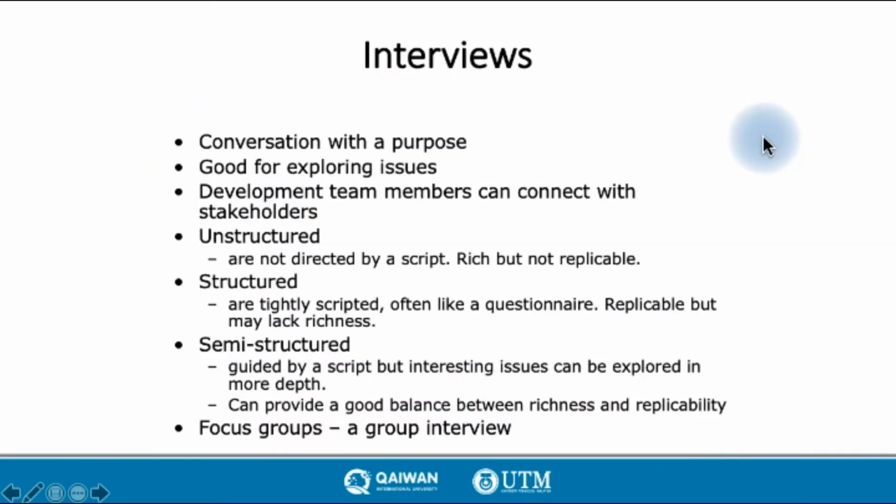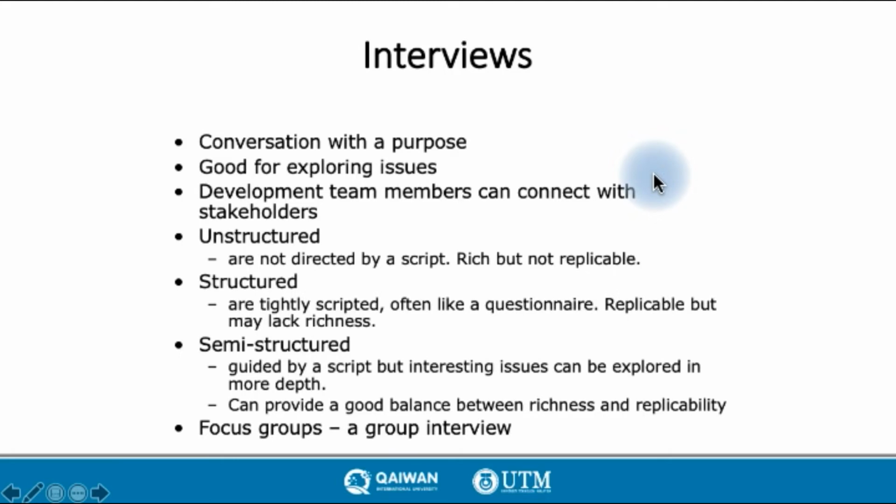And then we have the interview, which is a conversation with a purpose. It is good for exploring the issue. Development team members can connect with the stakeholders, and we can divide it into three types: unstructured, structured, and semi-structured. What I mean by unstructured is you just go to the interview, and the conversation that you have with the stakeholders or the users, you just write it all down.